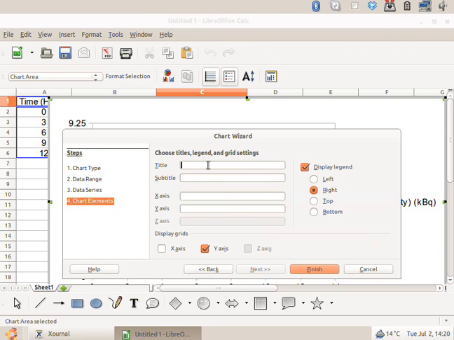Alright, so title is log activity versus time, and I should put in the units, but I won't bother here. X is the time in hours, and Y is the log activity, kilo BQ.